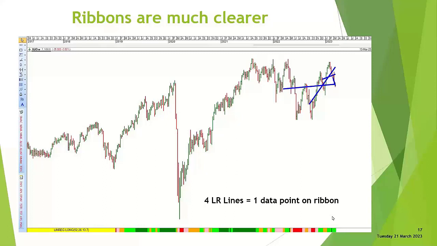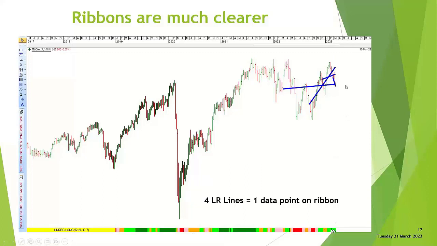I won't show that in BullCharts at the moment, it'll digress. But when you scroll across the ribbon, it pops up and tells you how many ups and downs you've got. So this would say 3, 4, 3, 2, 3, whatever. So you can look at the ribbon and get a really good feel as to what the linear regression lines are telling you without having a huge amount of mess on your screen.